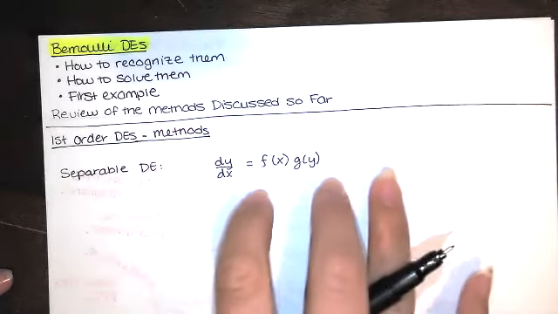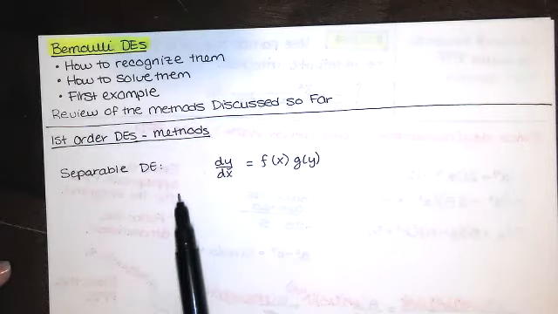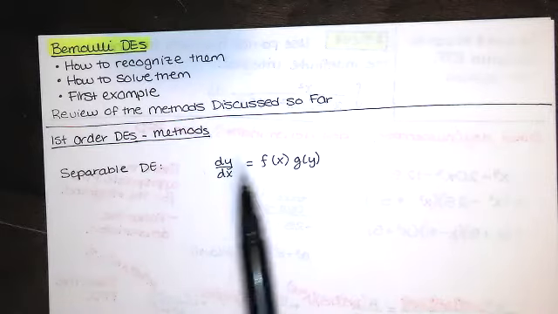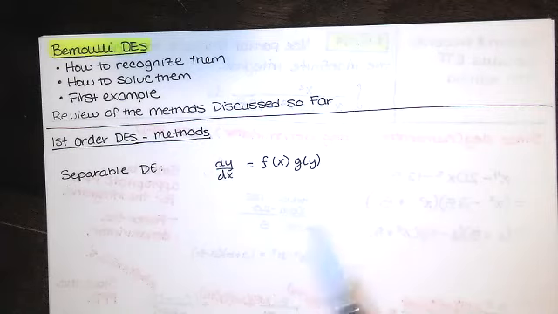Now, you don't always have to show this to show that it's separable. The idea is if you can algebraically manipulate your differential equation so that all the y's are on one side and all of the x's are on the other, and you have a function of y times dy on one side, equal to a function of x times dx on the other, then it's separable.